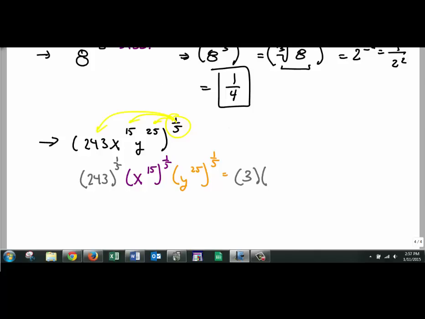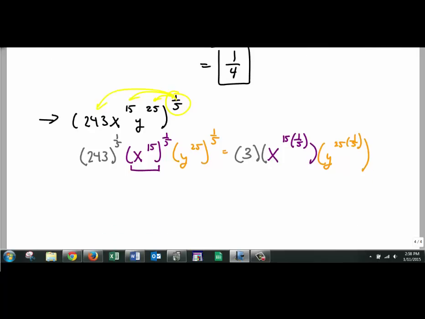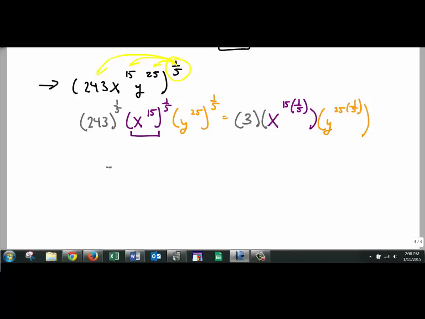Now in the purple here, x to the 15th to the 1/5, remember when you multiply like bases you add exponents, but when you raise a power to a power you multiply exponents. And the same will hold true for y to the 25th to the 1/5. When you raise a power to a power, you multiply the powers. 1/5 of 15 is 3, so that would be x to the 3rd.